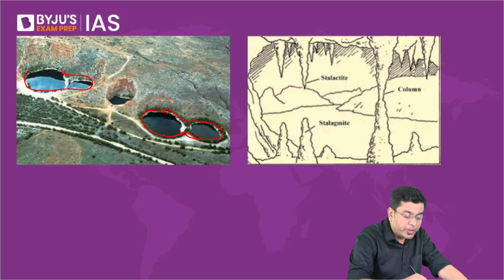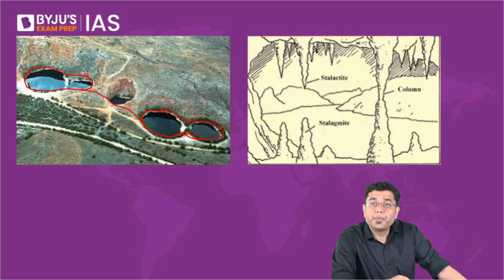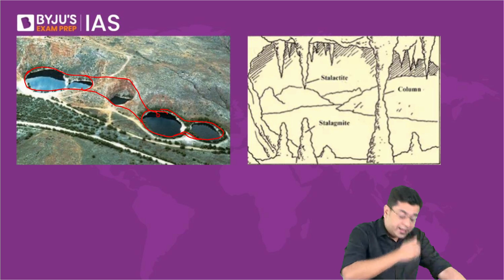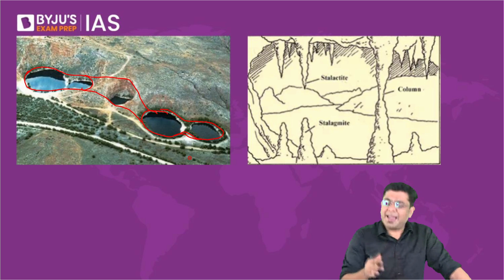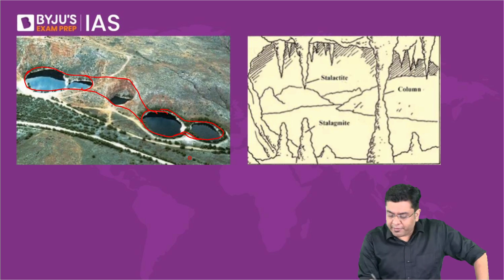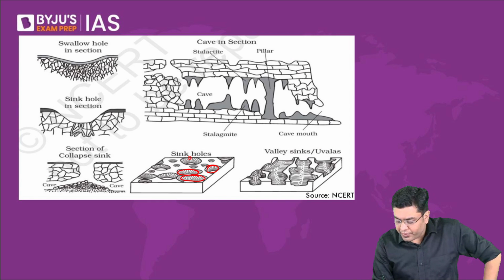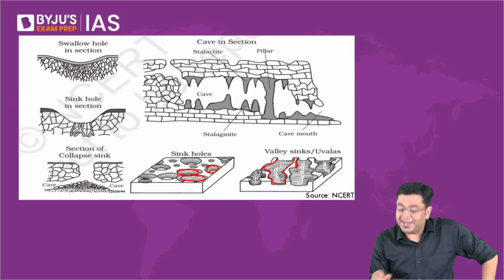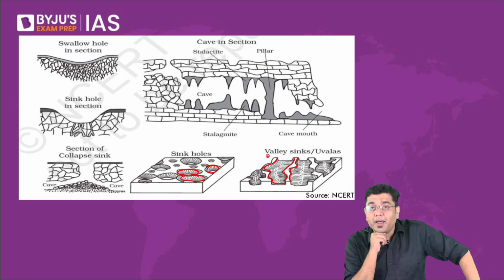Eventually, it can also get merged here, creating a very large structure like this. All this creates a very large valley-like sink, what is referred to as uvalas. Uvalas are nothing but a combination of many such sinkholes taken together. That is why it is referred to as a valley sink or an uvala.